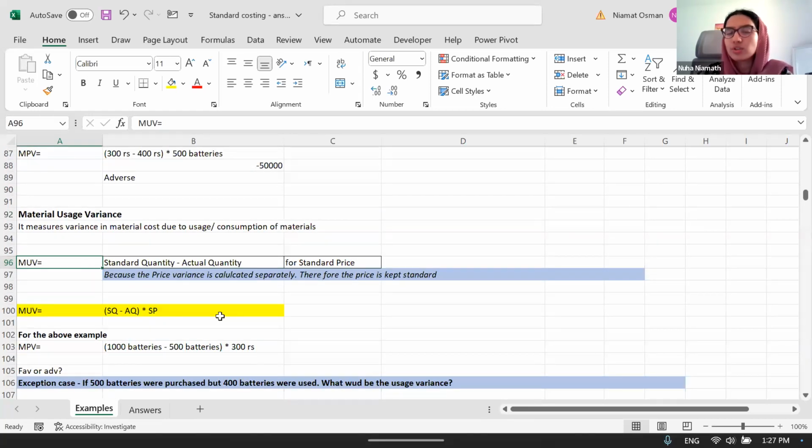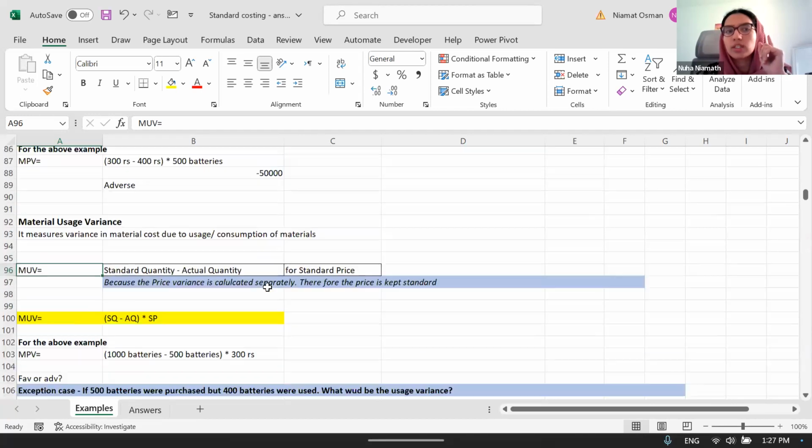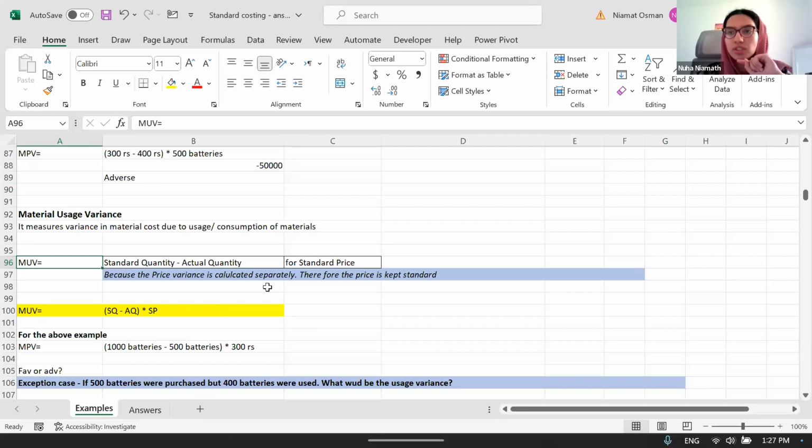I'm getting confused here. How? Please remember, here we are talking about a price variance. When it is a price variance, you are making the payment for actual quantity, not for standard quantity. And when you are talking about usage variance, you are only focusing on the usage difference. We are not looking at whether there is a price difference here.